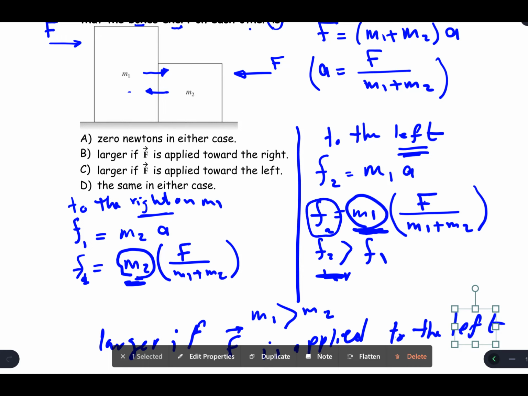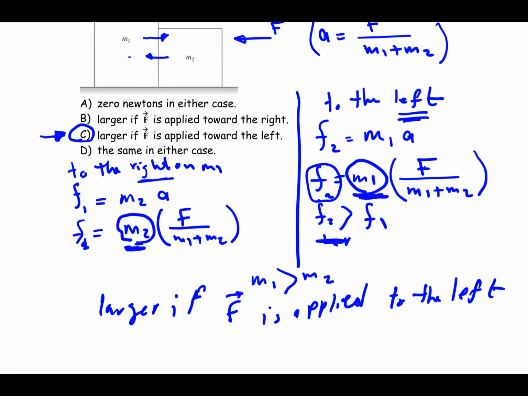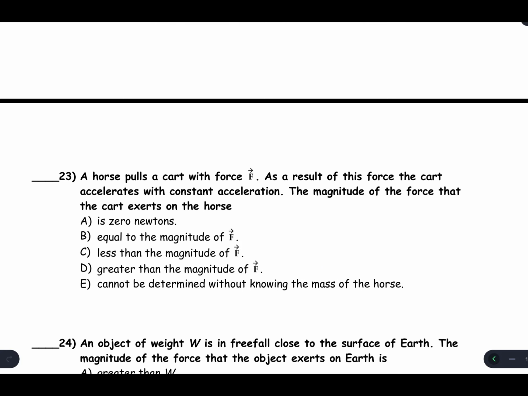So F2 from the small box on M1 is larger than F1 from box M1 on M2. So the answer is C. I hope you understood this problem. Let's go to the next one.